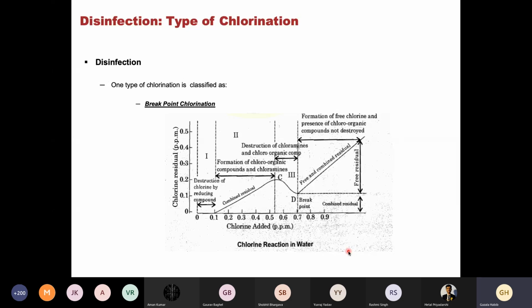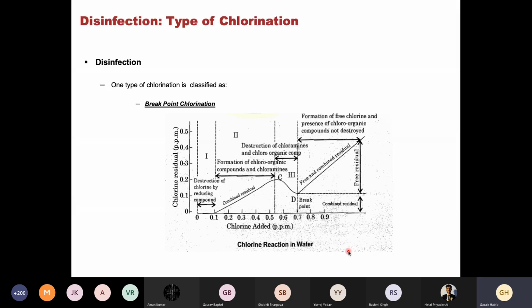For example, if there is any ferric ion, ferrous ion, sulfur ion, manganese ion or nitrite, they combine with chlorine and form some compounds. So these inorganic impurities actually consume the chlorine first.